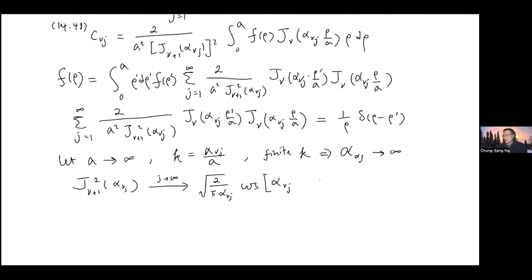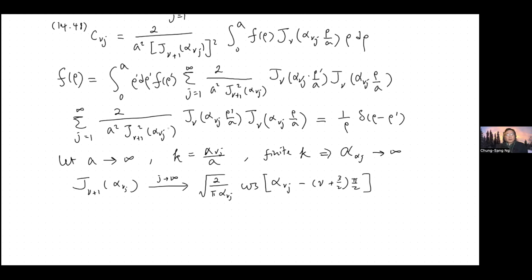That's a phase, but that is not very important for our purpose, nu plus 3/2 over 2. Actually this is for J, not the square. So the square, you need the square of this, right? So that's the asymptotic expansion for J, keeping the leading order, J sub nu or J sub nu plus 1.